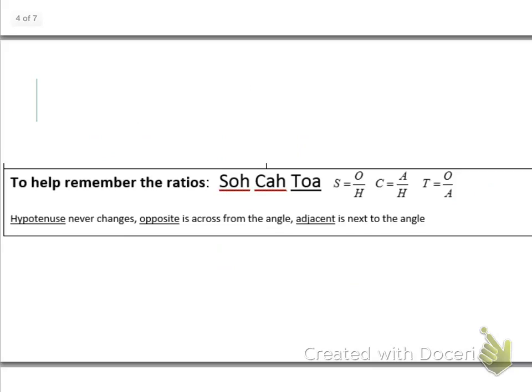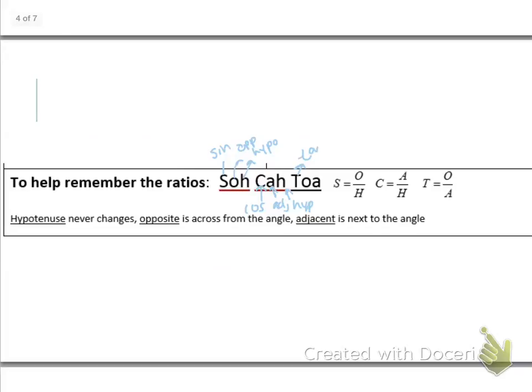Okay, so a shortcut to remember it is called SOHCAHTOA. So this represents sine. This is my opposite, my hypotenuse. This represents cosine. This is going to be my adjacent and my hypotenuse. And then this represents tangent.